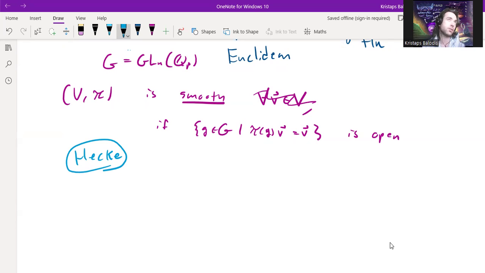The other thing that we need is the notion of admissibility.